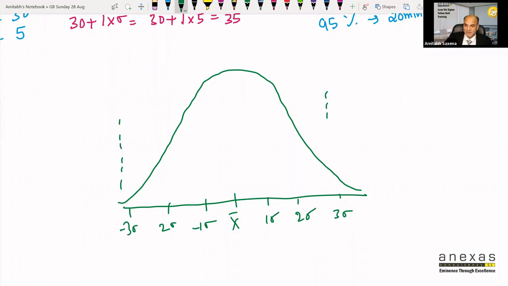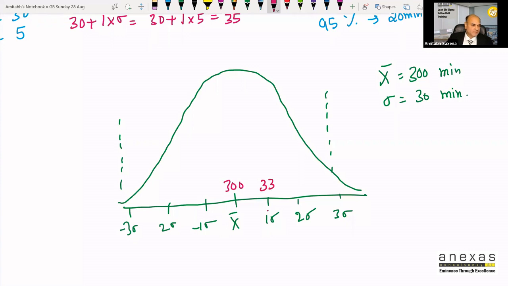Okay. So my average discharge time is 300 minutes, and standard deviation, for ease of calculation, let me make it 30 minutes. So average will be 300. One standard deviation would be 330. Two standard deviations will be 360.